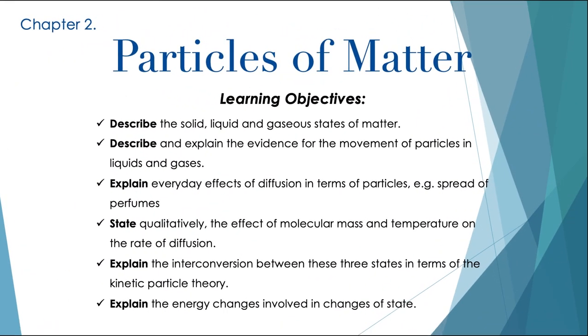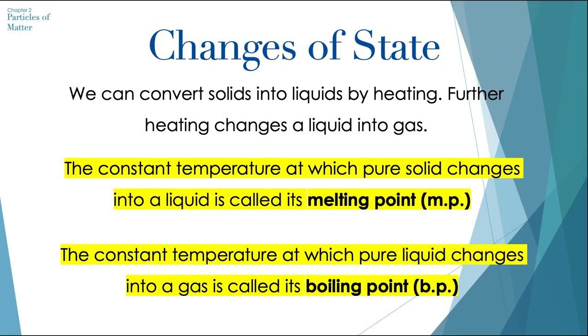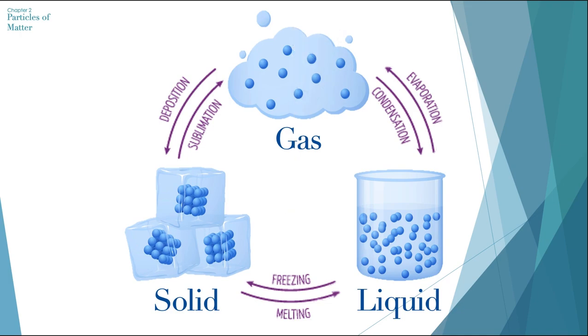Particles of matter. In this chapter, we've learned to describe the solid, liquid, and gaseous states of matter, and how we can describe and explain the evidence for the movement of particles in liquids and gases. All the learning objectives that we read in the beginning of the chapter, we have completed them. In this chapter, we read about solids, liquids, and gases, the states of matter, and the changes of the states of matter. In this, we learned about the melting point and the boiling points, and the different processes like evaporation, condensation, freezing, melting, deposition, and sublimation.